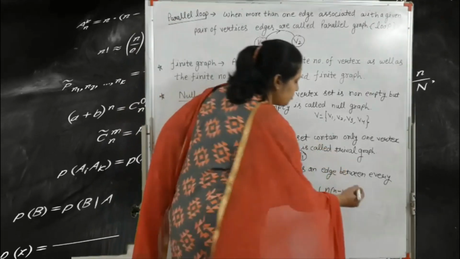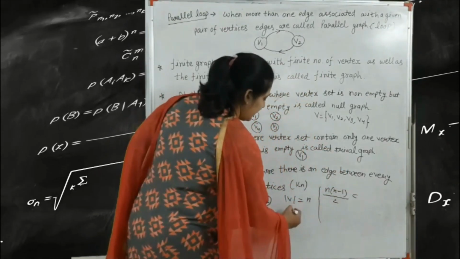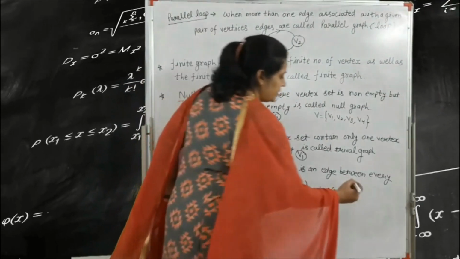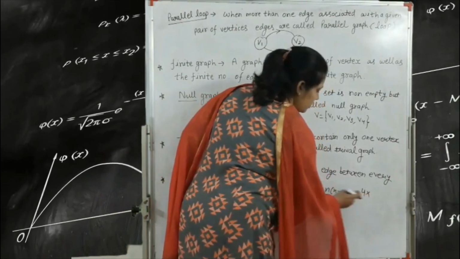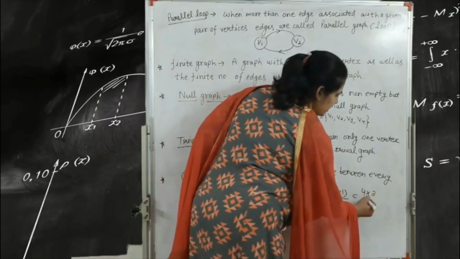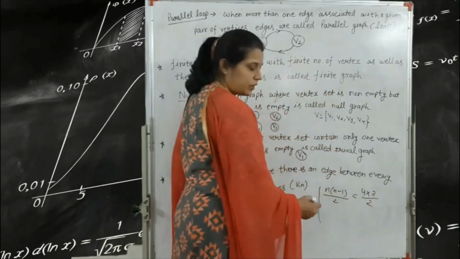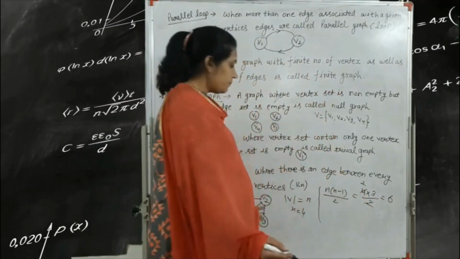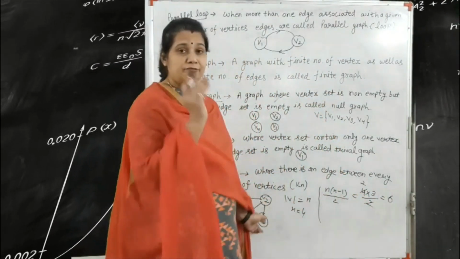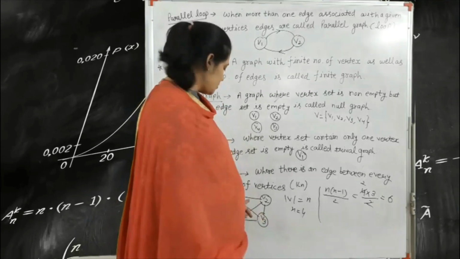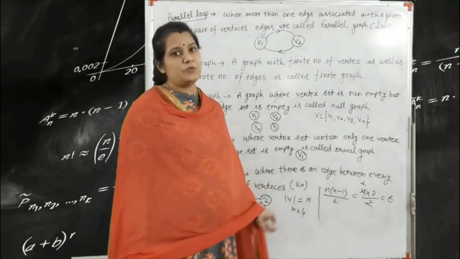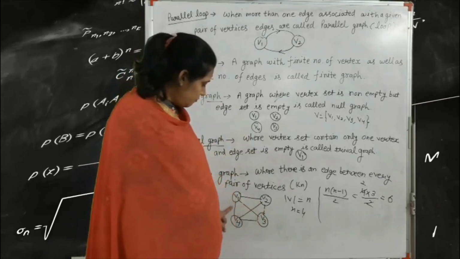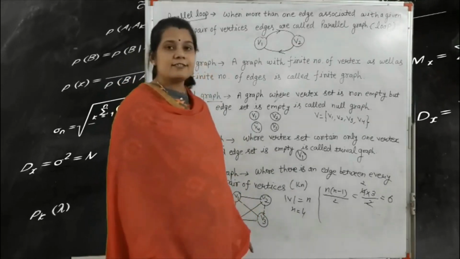That means we put n equal to 4, because that is the number of vertices. So 4 into 4 minus 1, that means 3, divided by 2. Two twos are 4, that means 6. So if the complete graph contains 4 vertices, the total number of edges is 6. You count here 1, 2, 3, 4, 5 and 6.